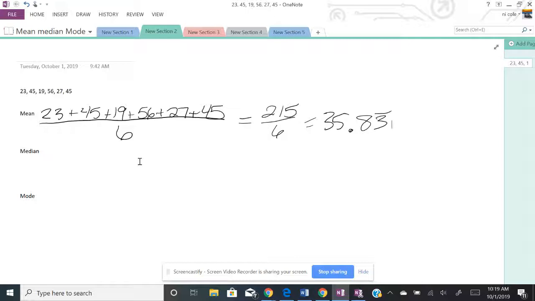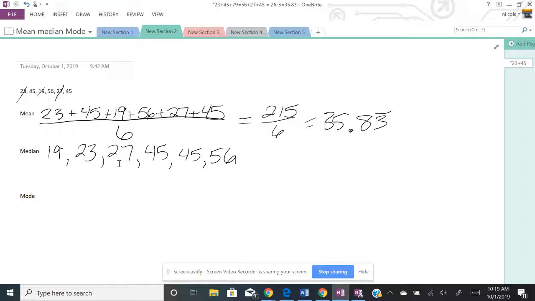So your median is your middle number. You cannot go up here and just say, well, it's 19 or 56. You have to put it in ascending order. So you would have 19, 23, 27, 45, 45, 56.